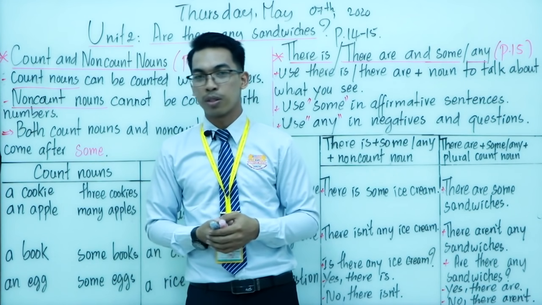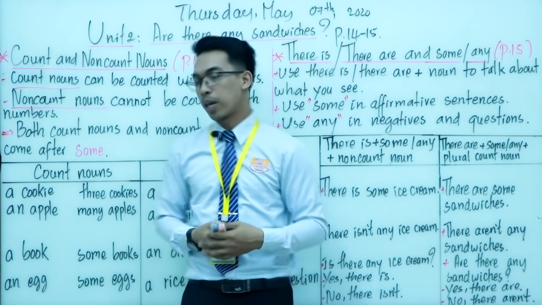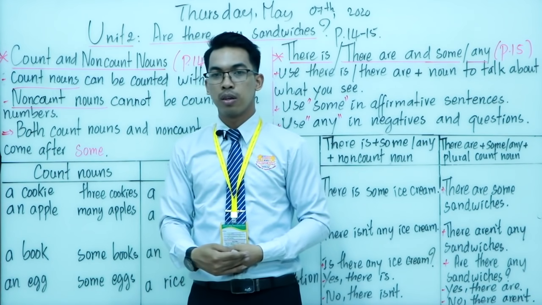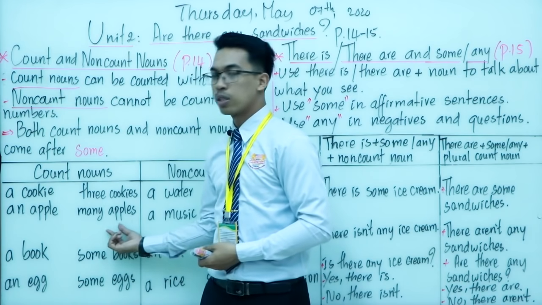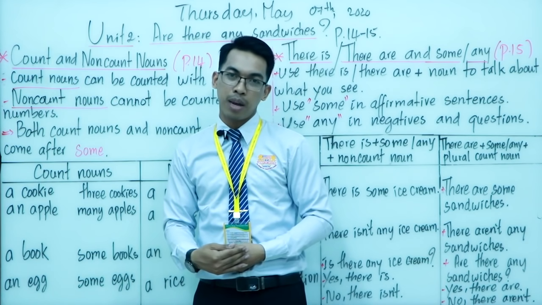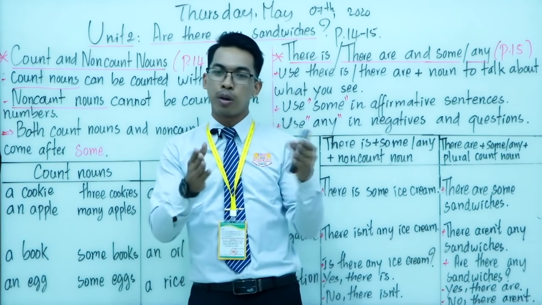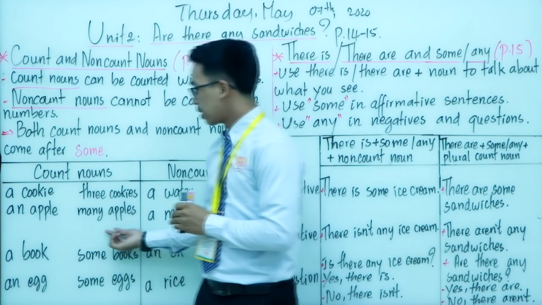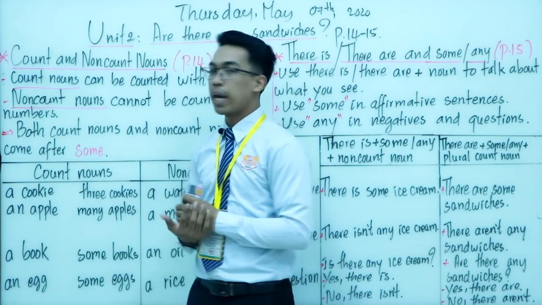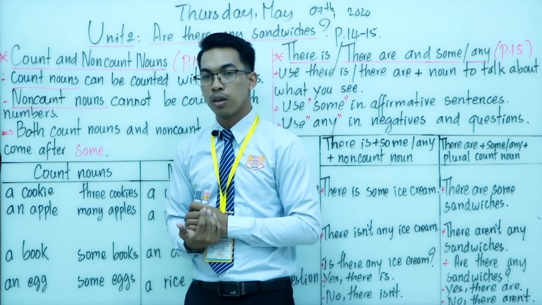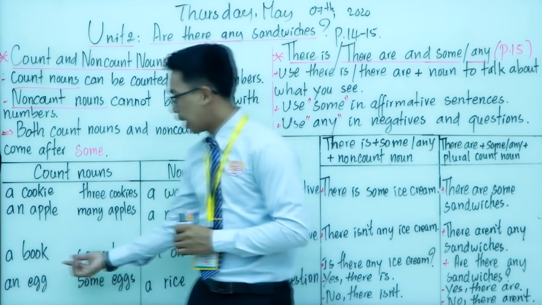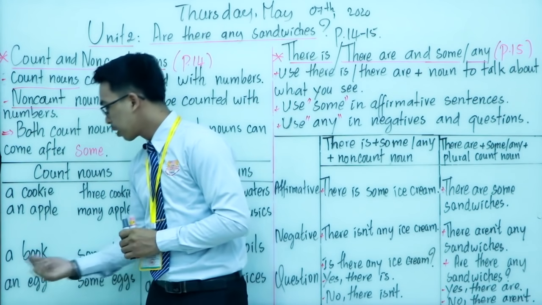Like 2 apples or 3 apples. So we can count it. And here, many apples. We can also count it, because they are not too small to count. Very good. So we can use many apples with count nouns. Now let's move on to the next one, a book.